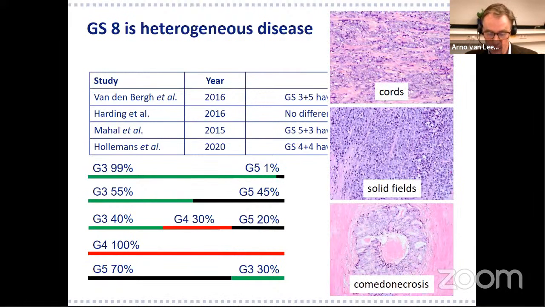And similar to Gleason pattern 4, pattern 5 also includes a variety of growth patterns referred to as single cells, cords, solid fields, and presence of comedonecrosis. And on top of that, cribriform growth can be present or not. This huge heterogeneity probably underlies the very different outcomes in grade group 4 studies up to now.